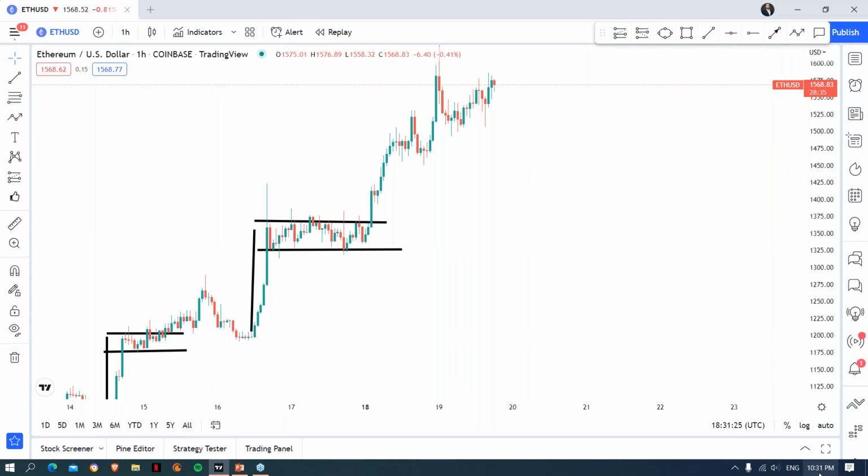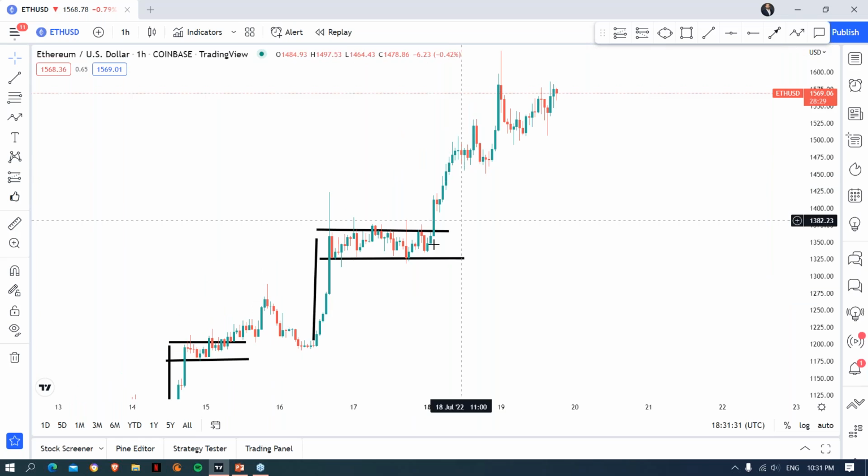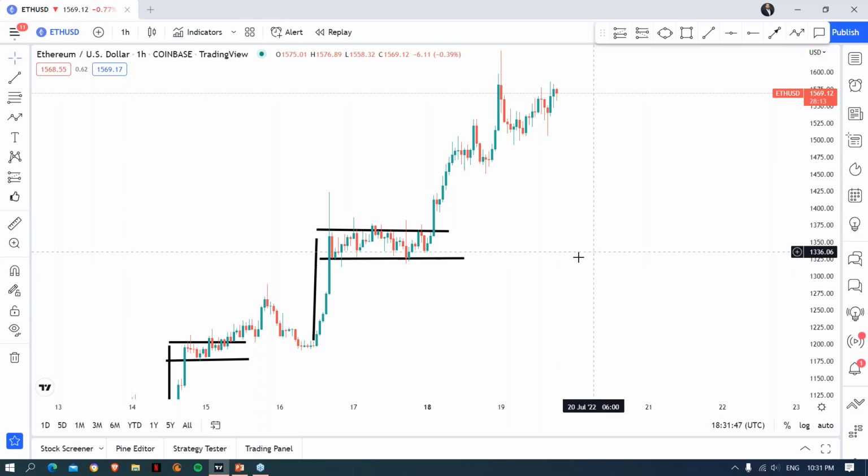Today is the 19th, I think, if I'm not mistaken, so this is 2 days ago. So we already knew around the 18th of July, which is yesterday, that the market is due to move up. People who bought around this area were able to make some significant profits because the market was around the 1300. Now it's around the 1600.